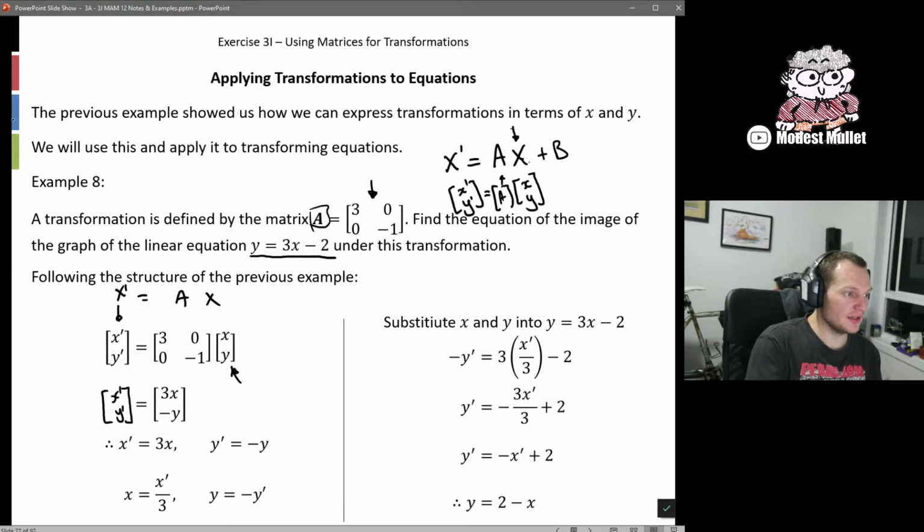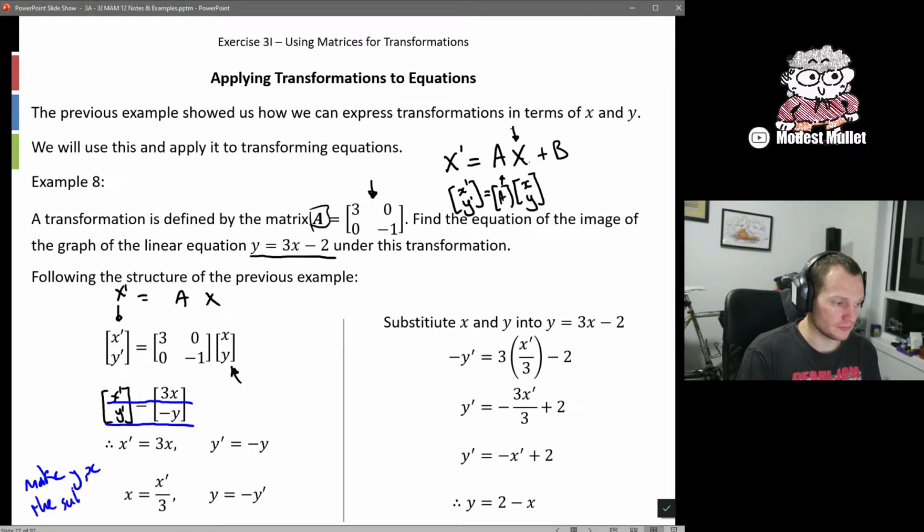So we can read this horizontally across, and we can see that x dash needs to be equal to 3x, and y dash is equal to negative y. This is now giving us equations that are very similar to dash methods we've looked at before. We just want to rearrange to make x and y the subject.